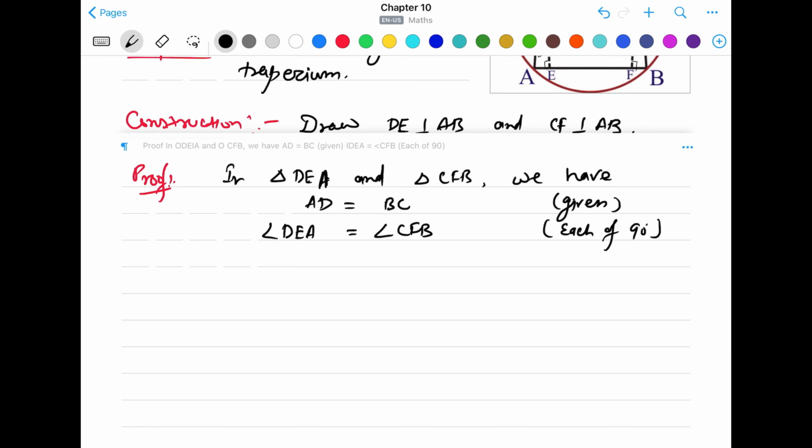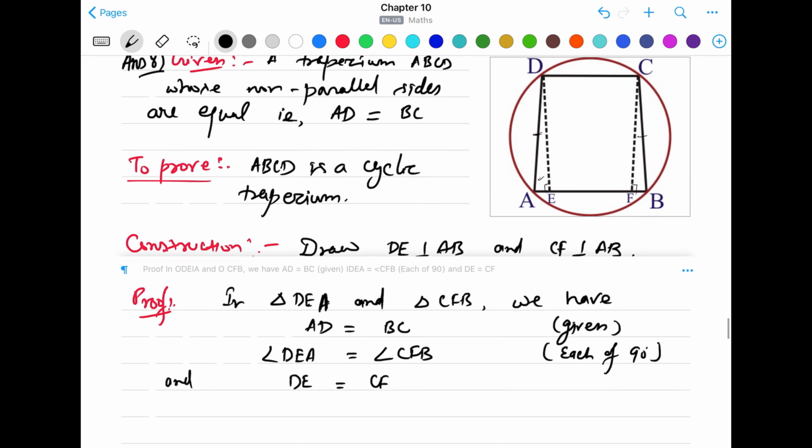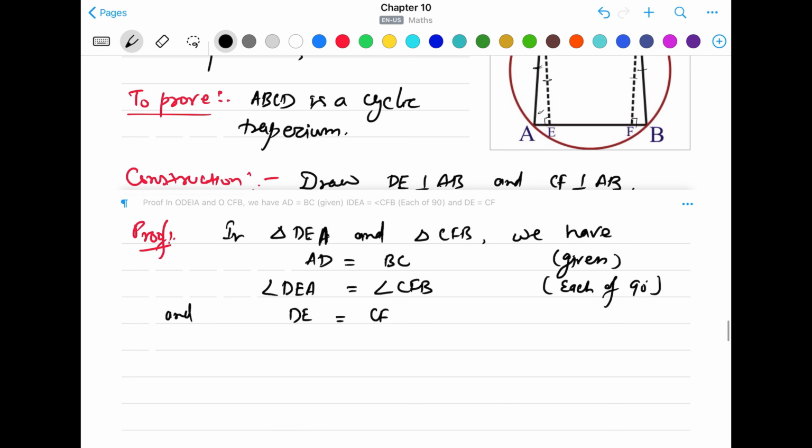Then we have DE is equal to CF. DE and CF are equal because they are the perpendiculars between the parallel lines. If the lines are parallel, the perpendicular distances have to be equal.